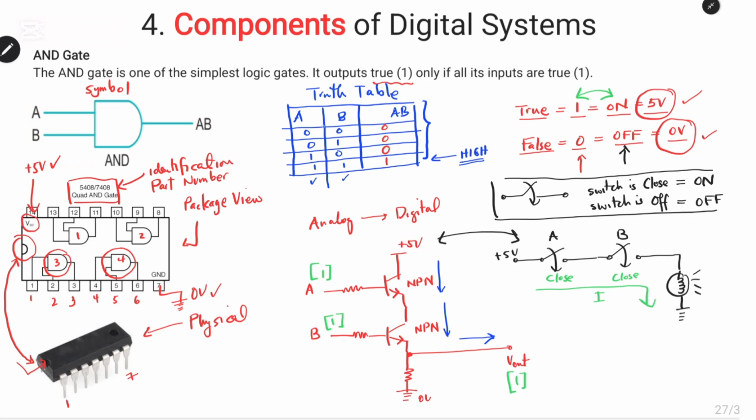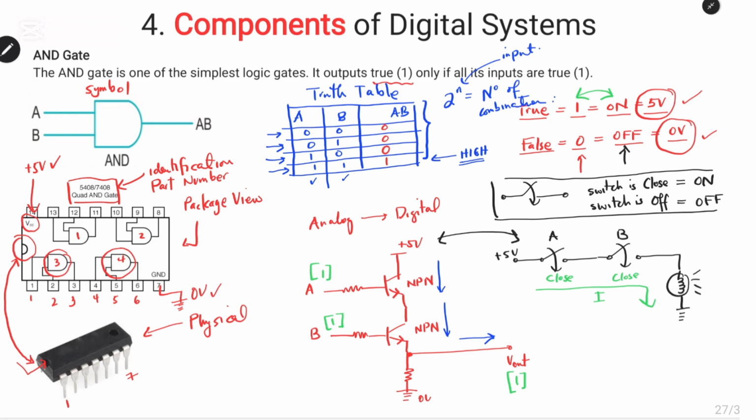How do people come up with such combinations for A and B? For example, combination 1, combination 2, combination 3, and combination 4. We have the number of inputs. We normally say 2 to the power n will give us the number of combinations, where n represents the number of inputs.